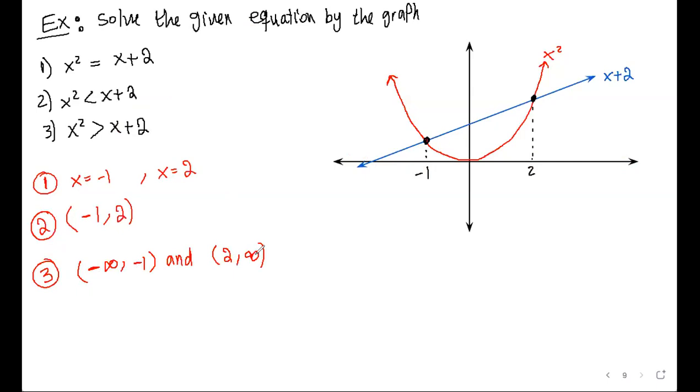You wouldn't write that as a union, you would put and. Yes, union. Thank you. So here union. So from minus infinity to -1, all these values, and from 2 to infinity.